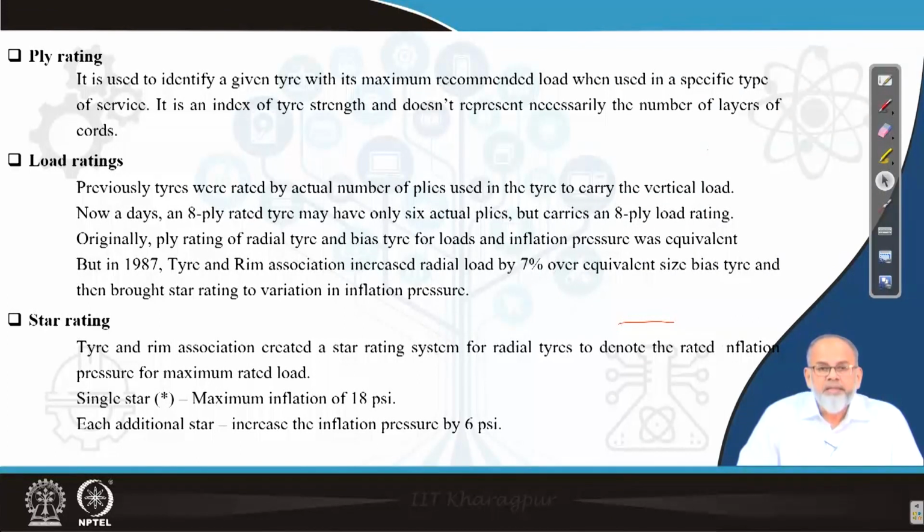If a single star is there, that means the maximum inflation pressure it can carry is 18 psi. If 2 stars are there, then it will be 24 psi. If 3 stars are there, then it will be 30 psi. Each additional star increases the maximum inflation pressure by 6 psi.